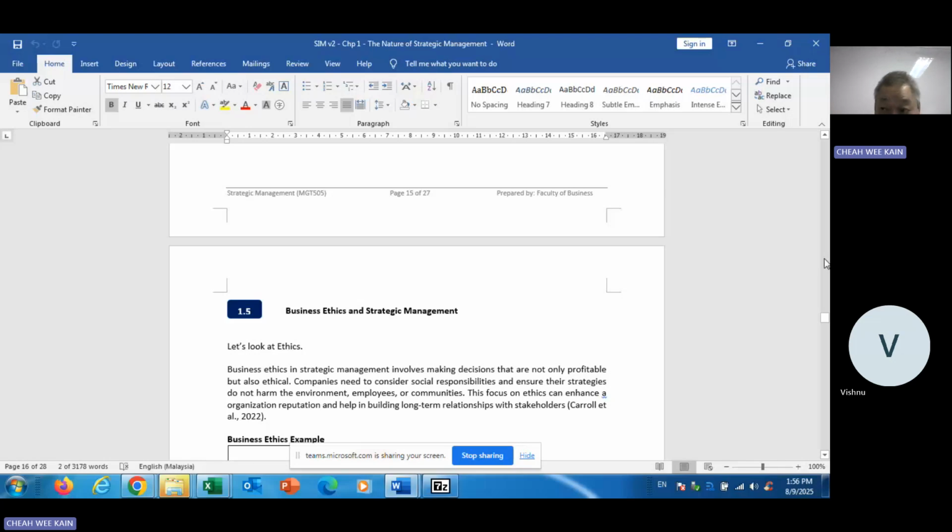You think they will follow good ethics? No. If the senior people steal from the company, most likely the junior people also steal. Why? Boss can steal, why can't I? It's as simple as that. So business ethics always comes from the top. They set the tone of business ethics for that company.